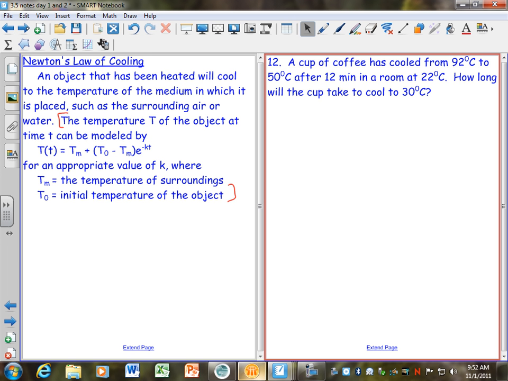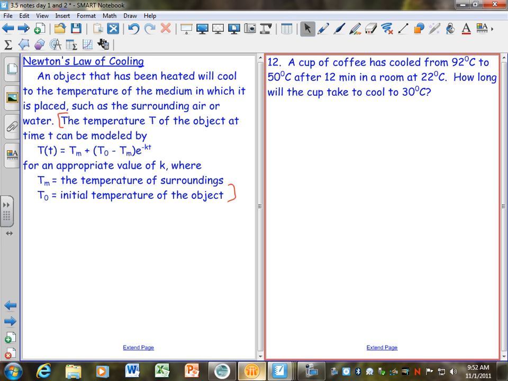I don't know if you remember when we did direct variation, they could be like y varies directly as x. Find x when y is this, or whatever. You have to find k first, and then you go back and solve what they're asking, right?